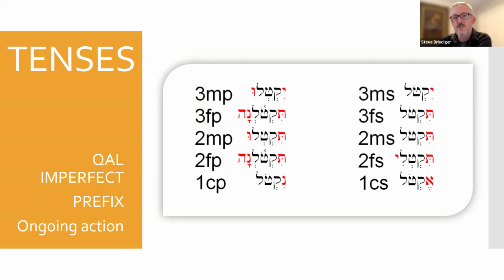Again, you'll see that the third feminine plural and the second feminine plural are the same, so again, context. First common plural, niktol. So that's what the verb paradigm looks like. It's not important that you memorize it, but that when you see it, you're able to recognize what's going on with these verbs. So that would be perfect and imperfect forms.